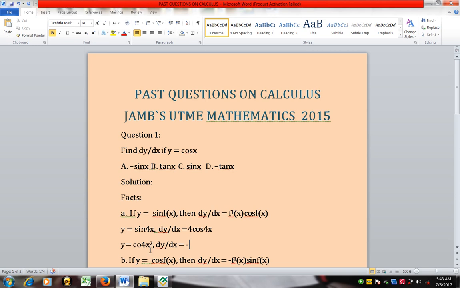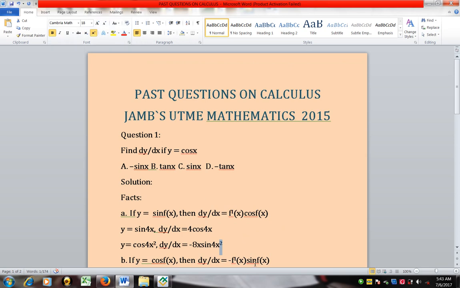We first differentiate this 4x squared, and that gives us 2 times 4, that's 8x. Then we change this cos 4x squared to sine 4x squared. Right, so that is how to differentiate this function.